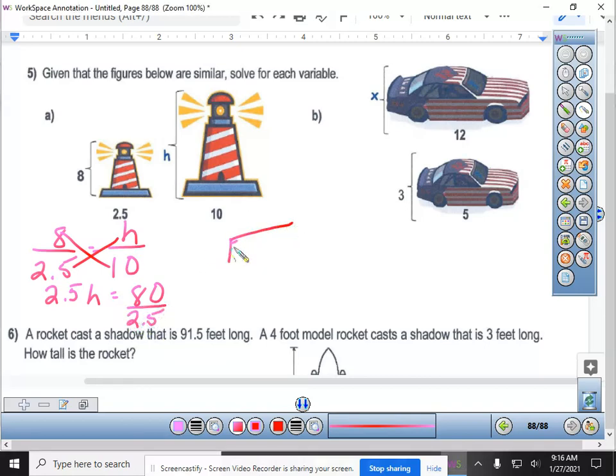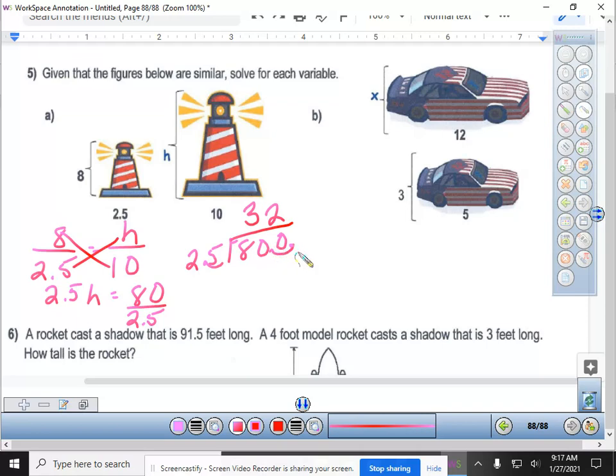So when we do this, we have to move the decimal. What'd you get? I got 32. That looks right. 25 into 80 goes 3 times. Awesome.